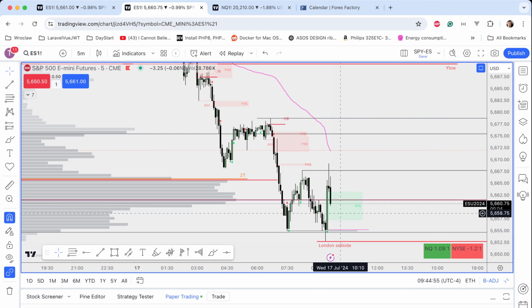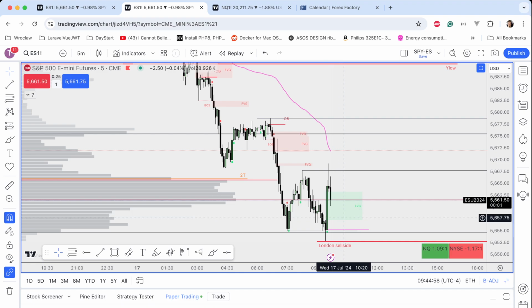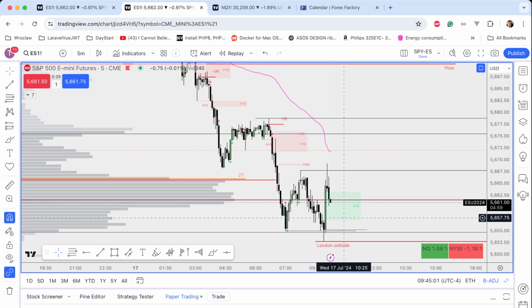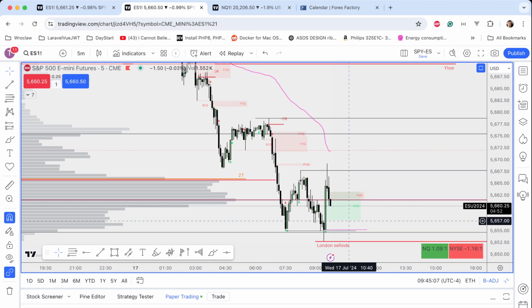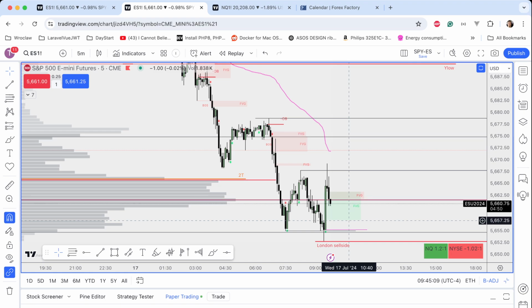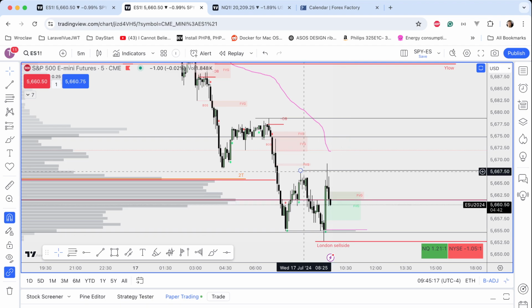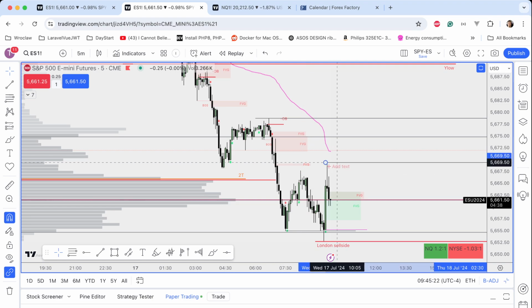Well, we can try to buy somewhere here. You know, we'll see. Okay, so now we started another 15-minute candle. It's 9:45. So I'm gonna move that. This is the top now of that 15-minute candle.